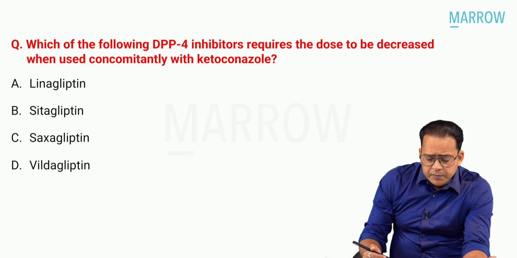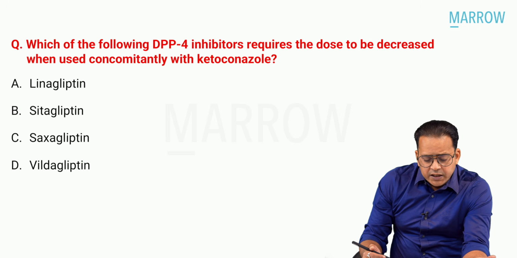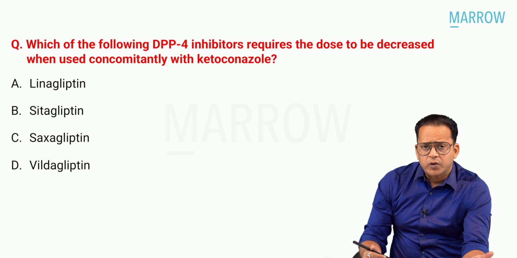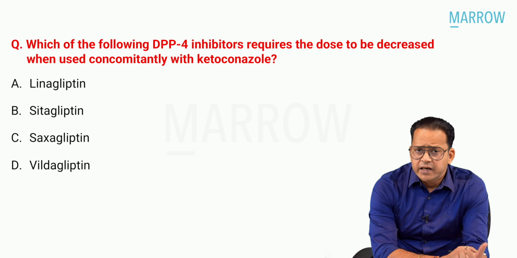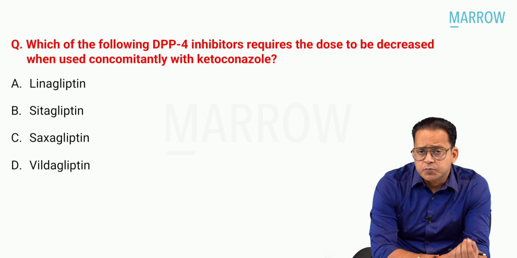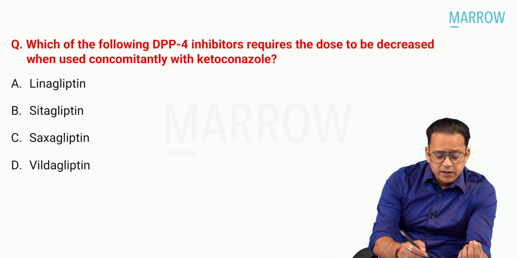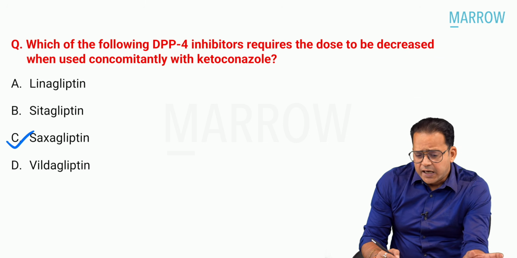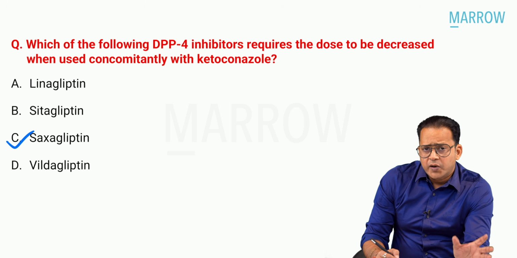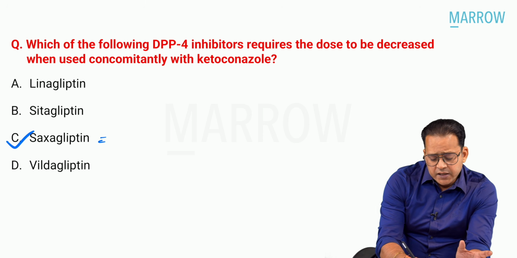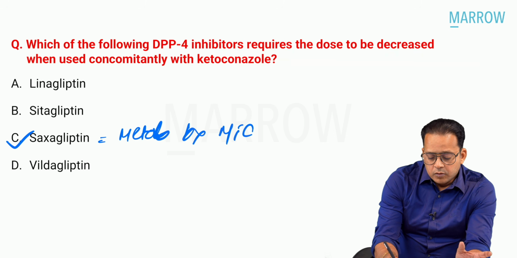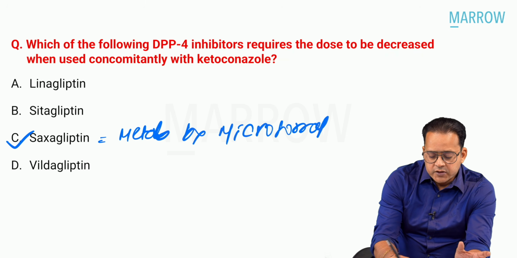Which of the following DPP-4 inhibitors requires the dose to be decreased when used concomitantly with ketoconazole? This is a one-liner MCQ picked up directly from the textbook of Goodman and Gilman. You'll find the answer is saxagliptin. There is a line in the section of pharmacokinetics of DPP-4 inhibitors: saxagliptin is a drug that is metabolized by microsomal enzymes.